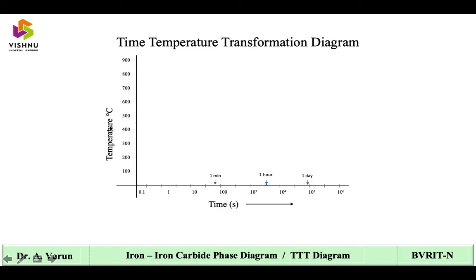And for temperature, we take the austenite transformation. So this diagram is for how the austenite microstructure transforms in steel. Austenite in steel is stable only above 723 degrees centigrade, and below that it is not stable.